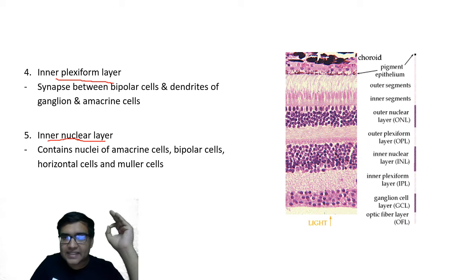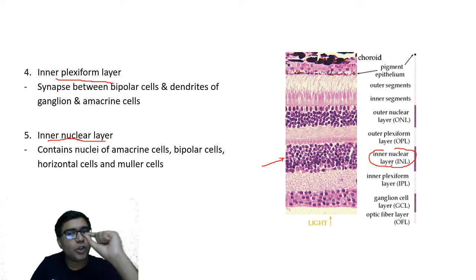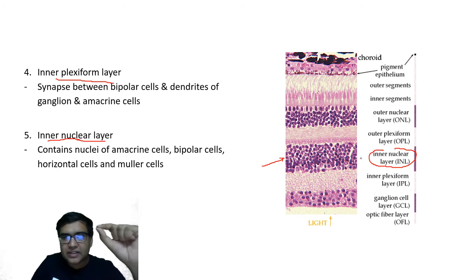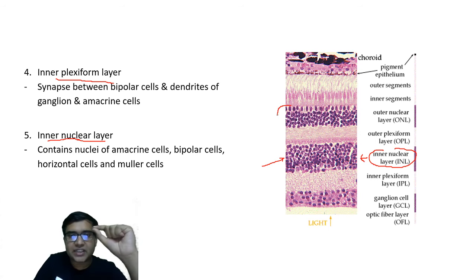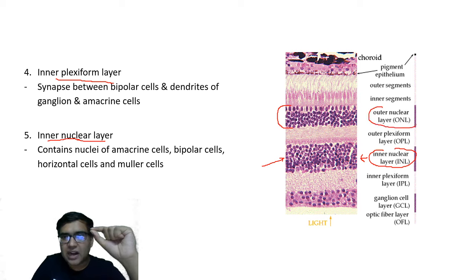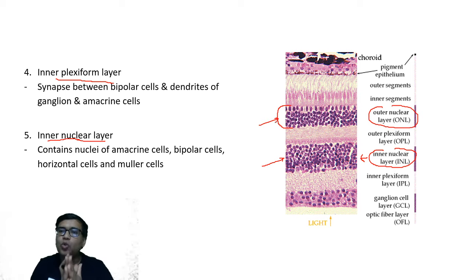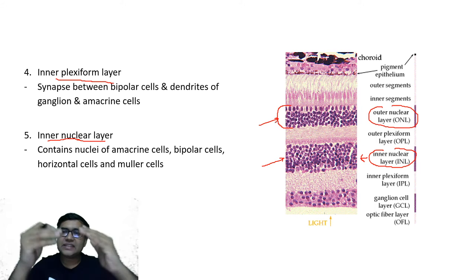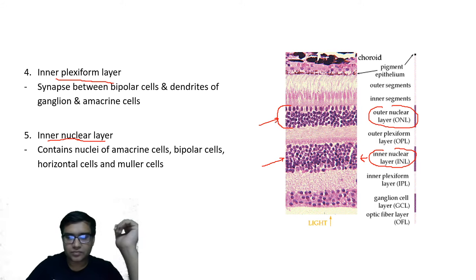If you can see here, this is the inner nuclear layer, the pyknotic nuclei. This is always showing the nuclear layer. The one near the vitreous is the inner nuclear layer, and the one near the choroid is the outer nuclear layer. So you can see how to identify various layers in the retinal histology.